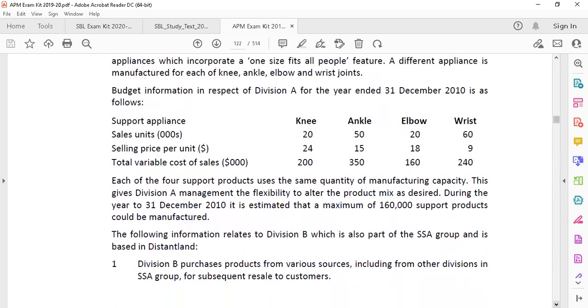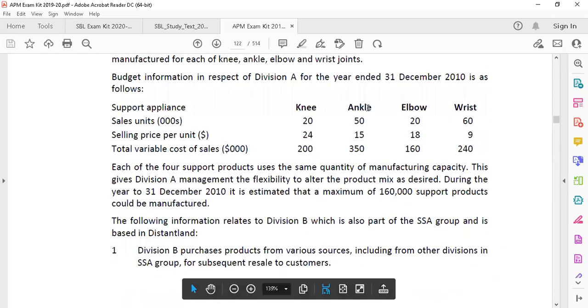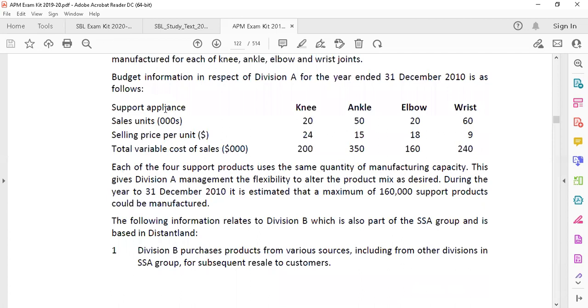Budget information in respect of Division A for the year ended 31st December 2010 is as follows. We see the support appliances are knee, ankle, elbow, and wrist. The number of units sold are 20,000, 50,000, 20,000, and 60,000. Selling price per unit is given. We see the total variable cost of these products.